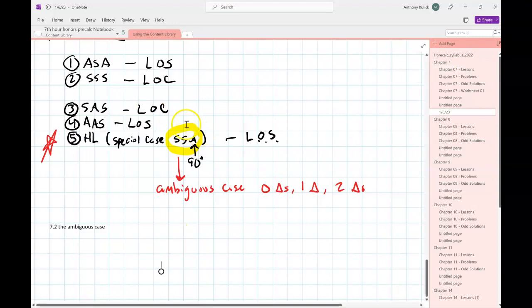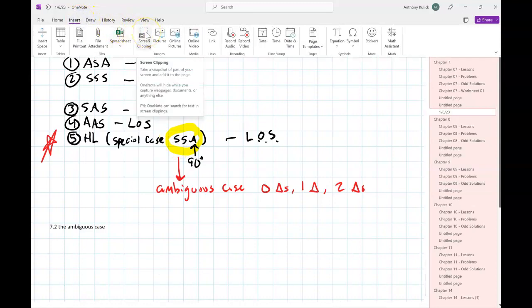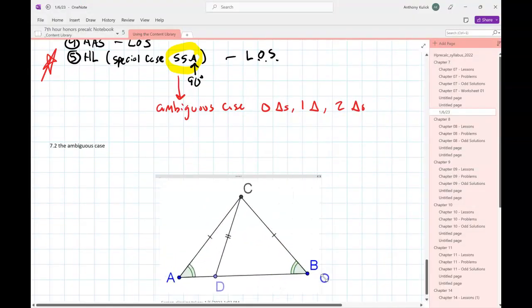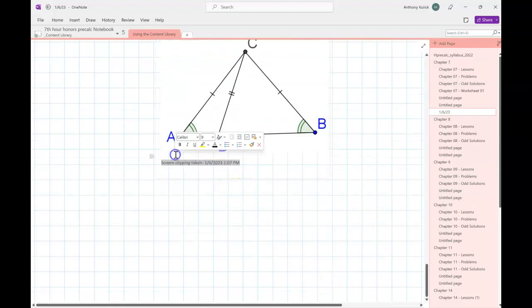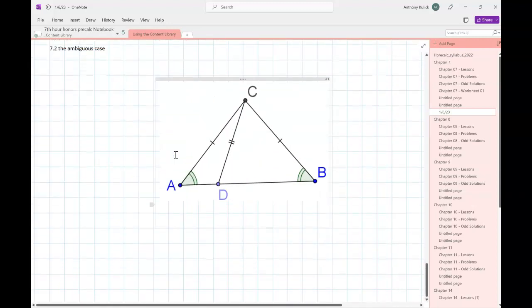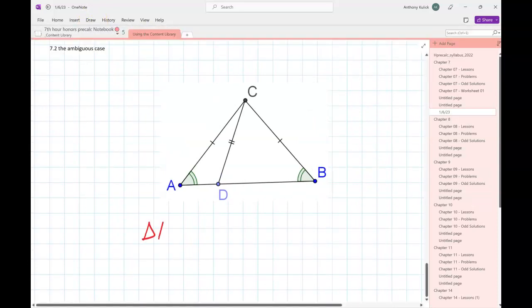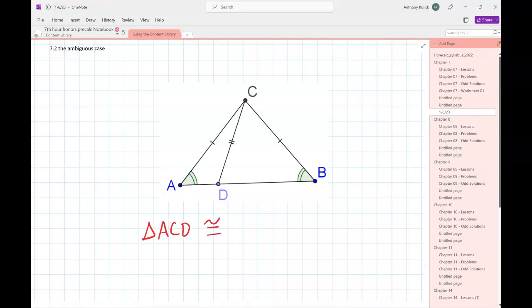So recall that SSA on its own is not enough to guarantee triangle congruence. Just to illustrate that, let's take a look at this picture. Triangle ACD is clearly not congruent to triangle BCD. Everybody agree with that? Two totally different looking triangles.